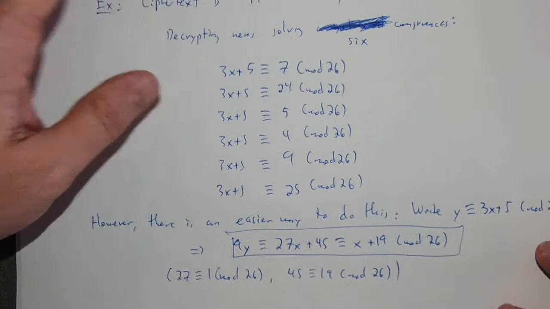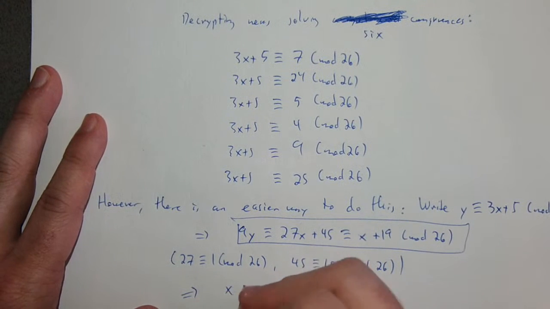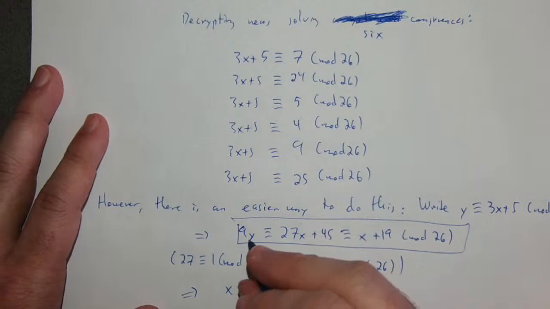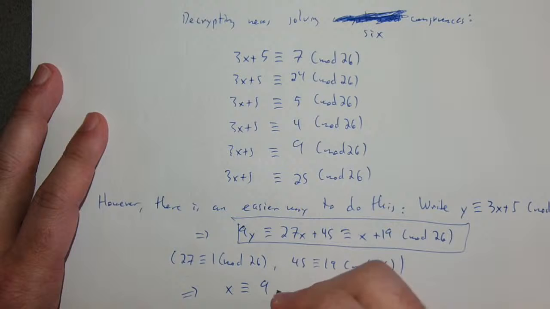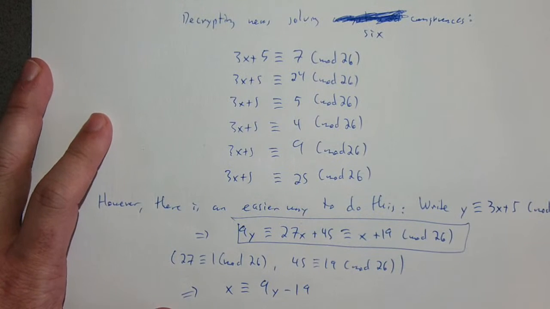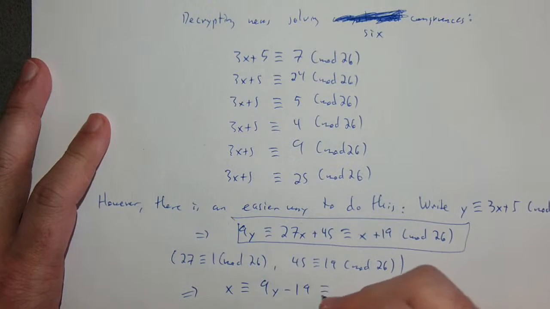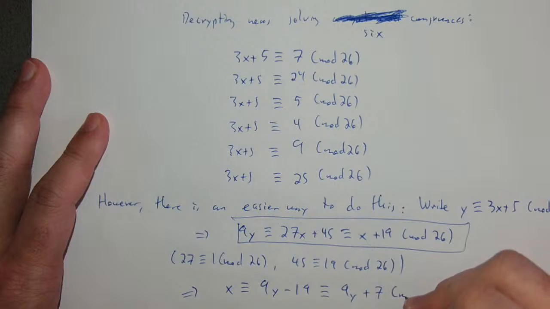Well, looking at this, we can rearrange it to say that x is congruent to 9y minus 19. Of course, with congruences, if I like, I can always be dealing with pluses here. So this is actually 9y plus 7 mod 26.